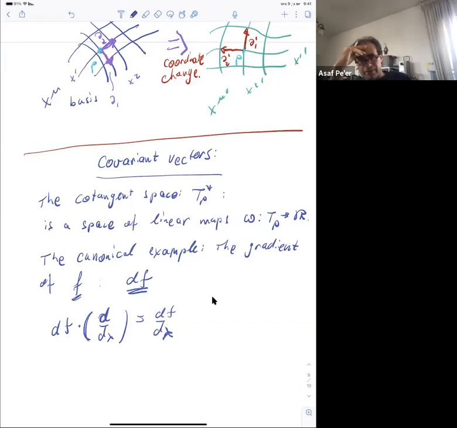It doesn't know anything about them. Of course, if you know the function in the vicinity of the point P, then you can take the derivative, but we don't want to do that. So we just look at the gradient of the function, which is defined at the point P.